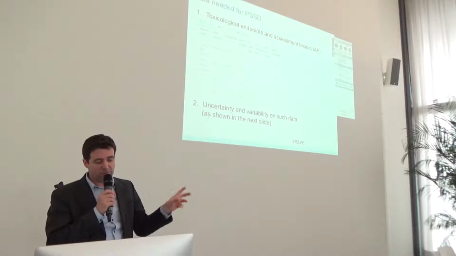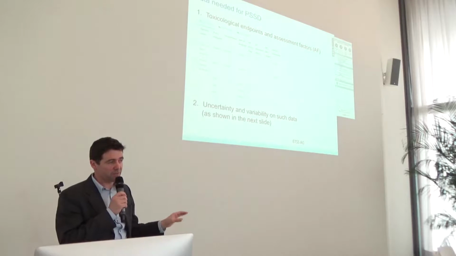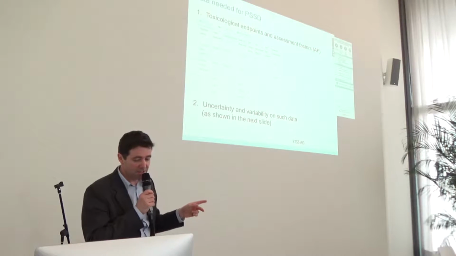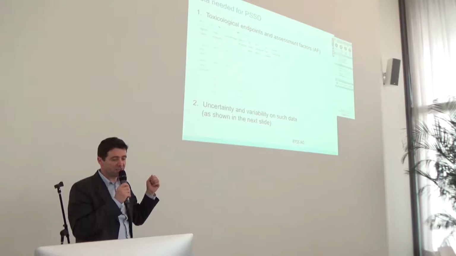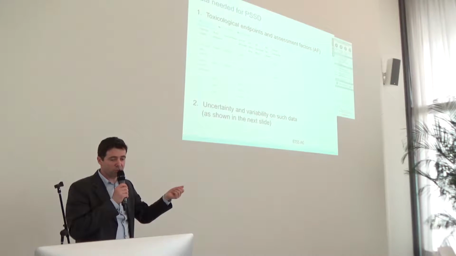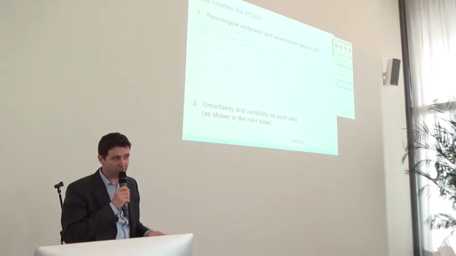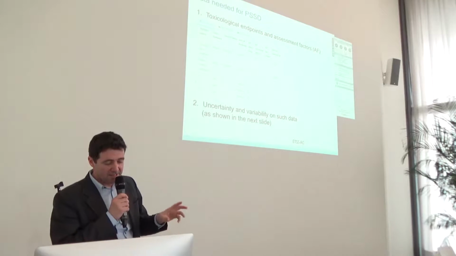And to do that, we prepared 3 assessment factors based on the technical guidance document that we have on a European level. So the first one reflects the uncertainty of long-term versus short-term observations. The second one is the observed versus no observed difference.